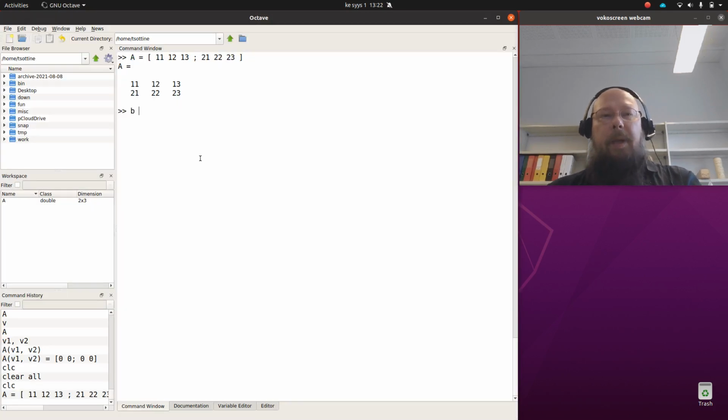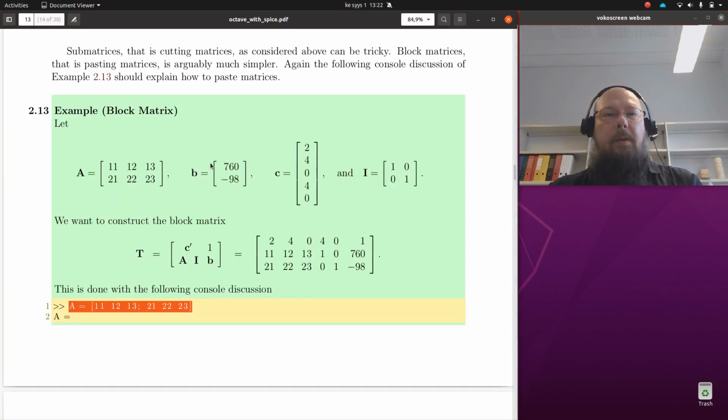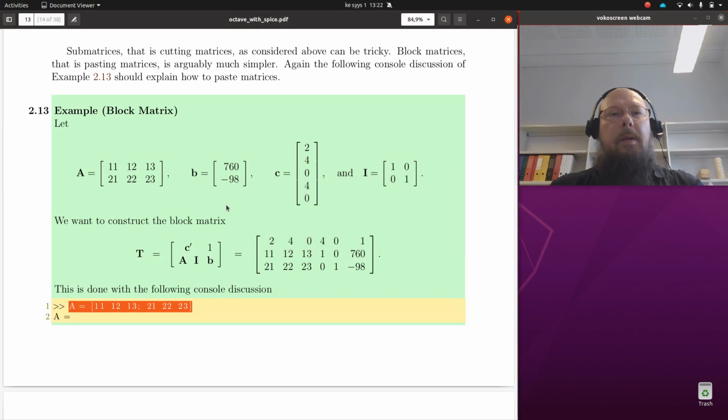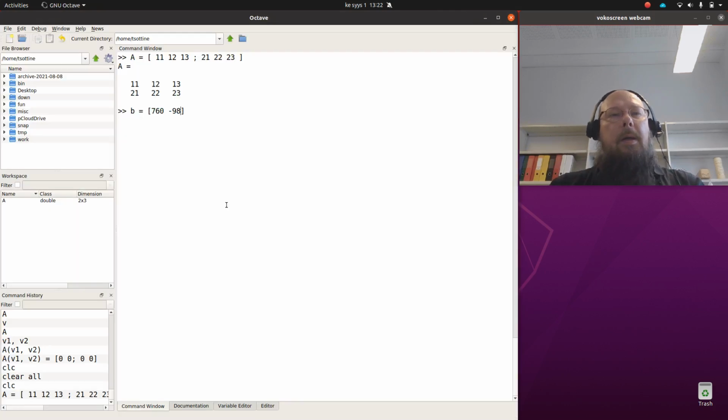Let me do B then. Let's not copy paste, this is not working. 760. And then the next row is minus 98. Let's see. Yes. And now I could actually put it here so it will be a column vector. Nothing wrong with that. But of course I can put it this way also, so make a row break there.